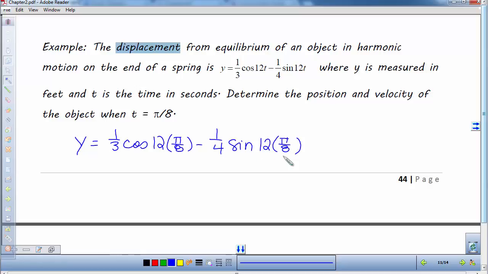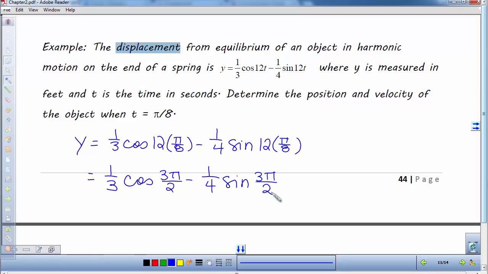We're just plugging in, so we just have to go through and evaluate this. 12 over 8 is 3/2, so we get cosine of 3 pi over 2, minus 1/4 sine of 3 pi over 2.